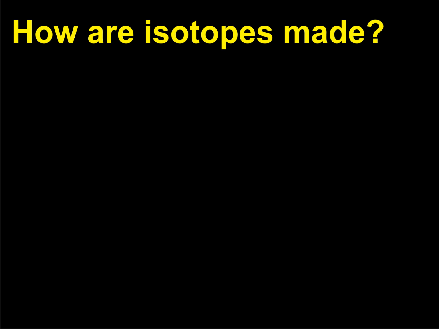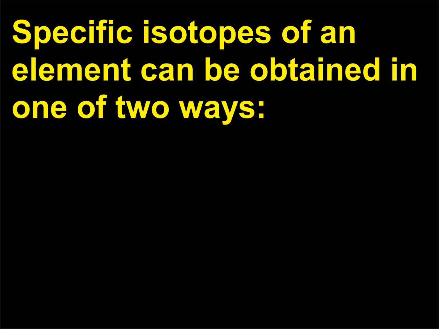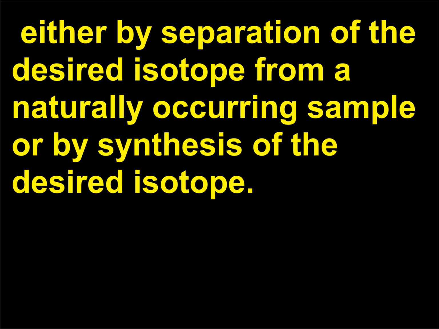How are isotopes made? Specific isotopes of an element can be obtained in one of two ways: either by separation of the desired isotope from a naturally occurring sample, or by synthesis of the desired isotope.